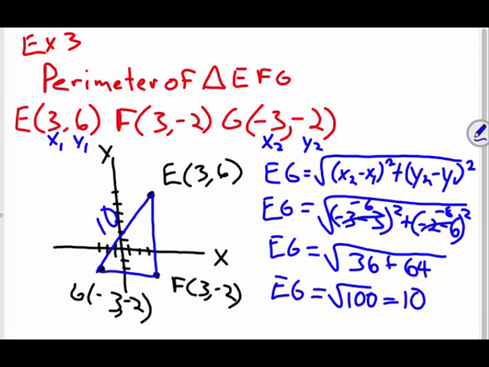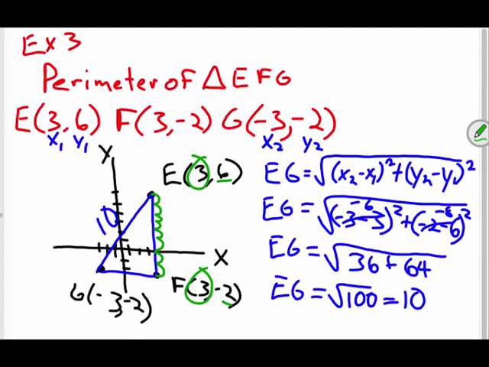Okay? Now the other ones, we could do the same thing with the formula, but technically we can just count, right? If I'm starting at 6 and I'm going down to -2, because they both have the same x value of 3, to go from E to F I could just use the same distance formula, or I could just count. I'm going to go down 1, 2, 3, 4, 5, 6, 7, 8.